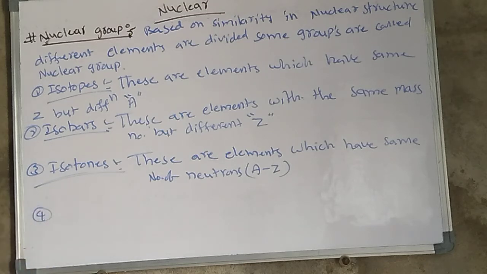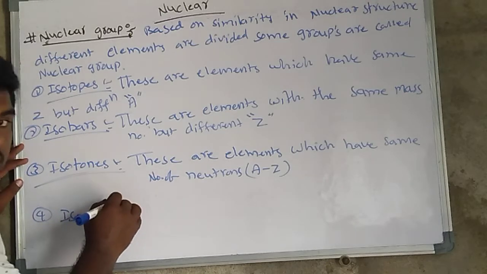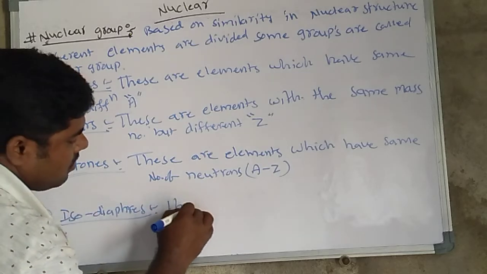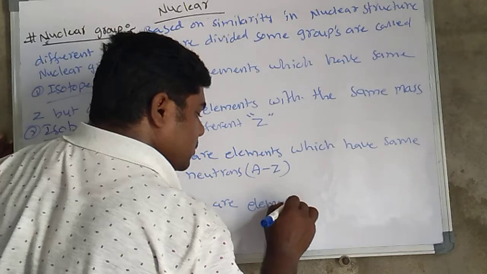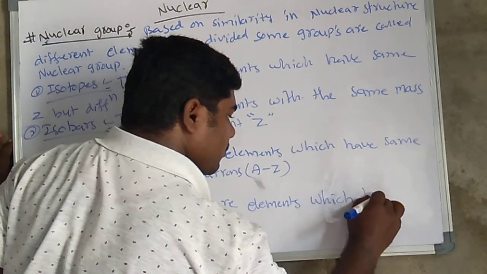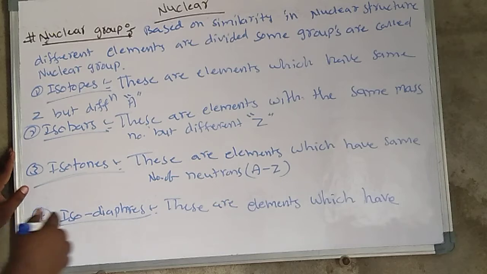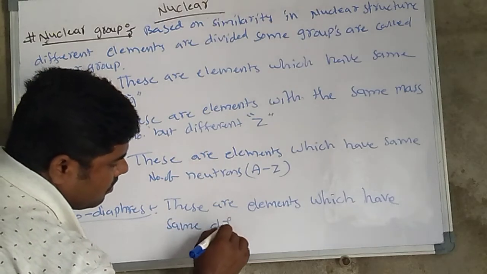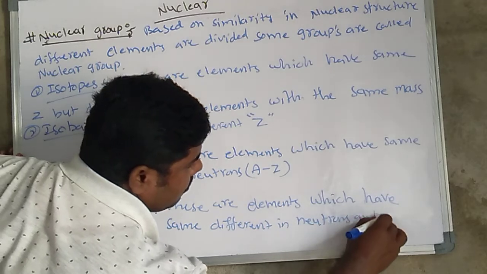Next one is isodiaphers. These are elements which have the same difference in neutrons and protons.